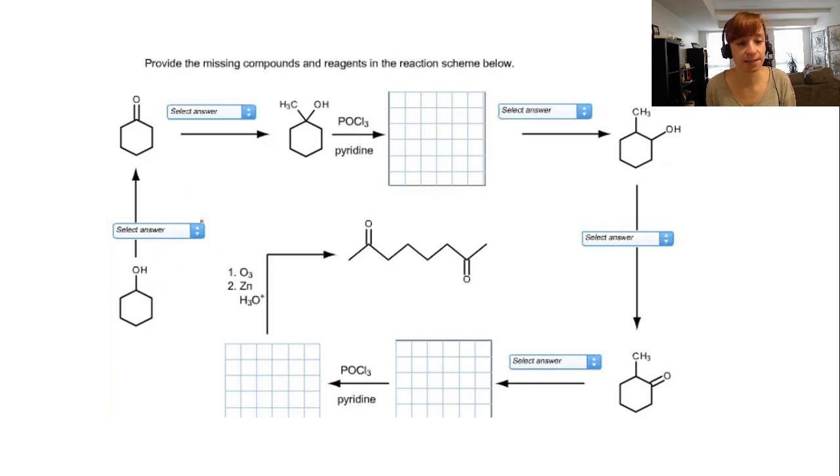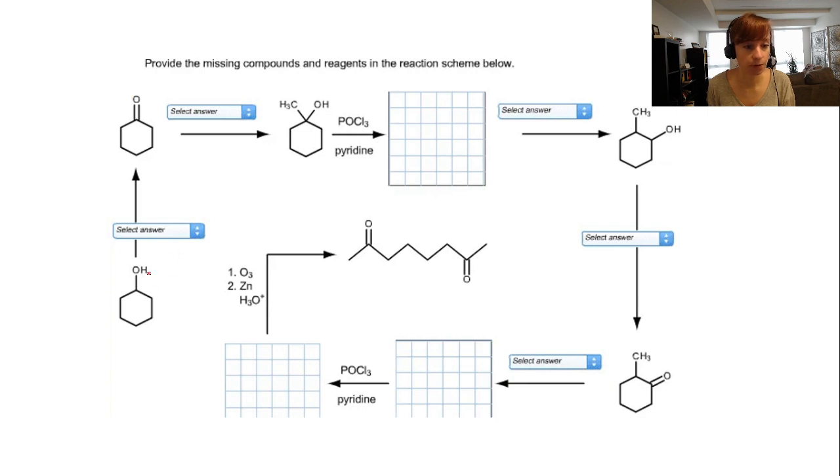But that'll usually make it easier for narrowing it down if you know what reagents do what. So here, the cyclohexane ring remains the same. So the only thing that has changed from reactant to product is that we went from a hydroxy group to a ketone.